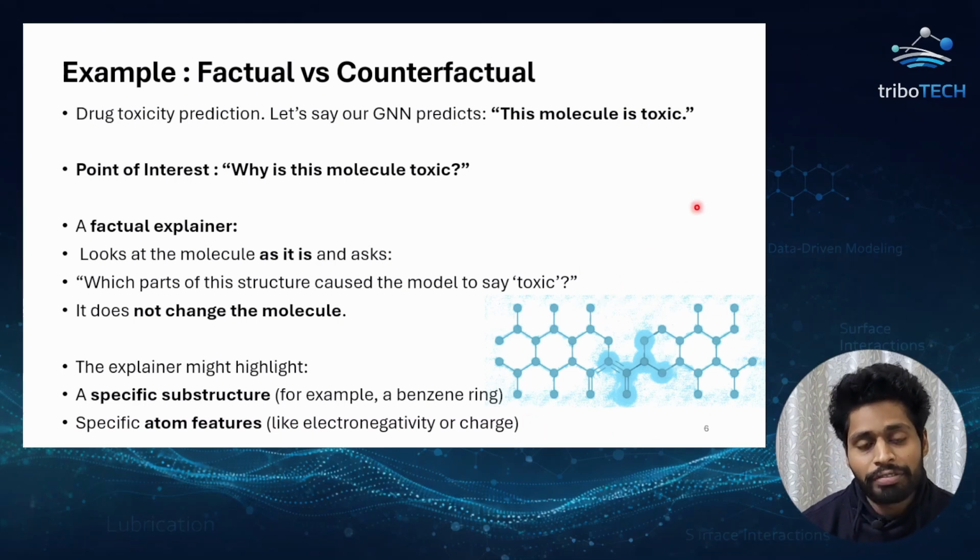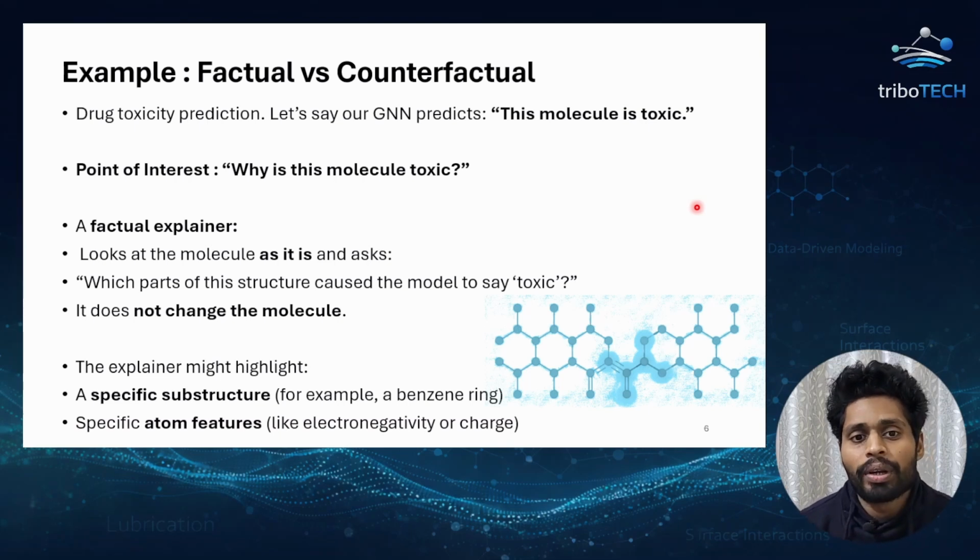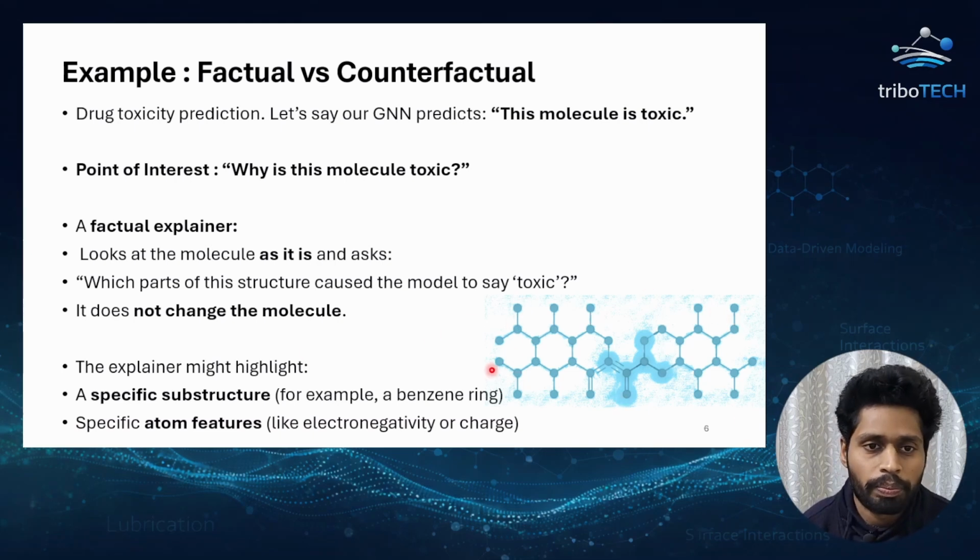And if your point of interest is why is this molecule toxic, then your choice should be factual explainers, because they look at the molecule as it is and they will ask, which parts of this structure cause the model to predict toxic, right? It does not change the molecule at all. So the explainer in this case, a factual explainer, might highlight a specific substructure or subgraph like this.